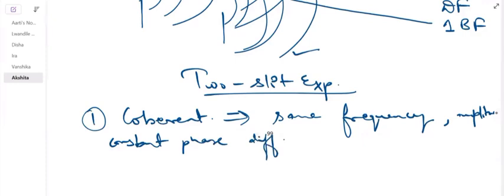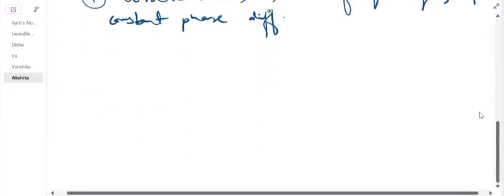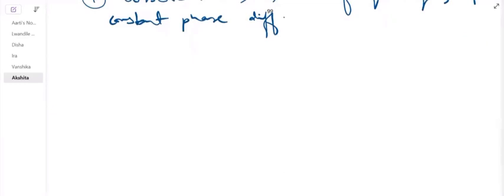This can be achieved by using only one source and one slit, and after that passing it into two slits. Now, for what is happening over here, we have some mathematical concepts also. Let's focus on that.